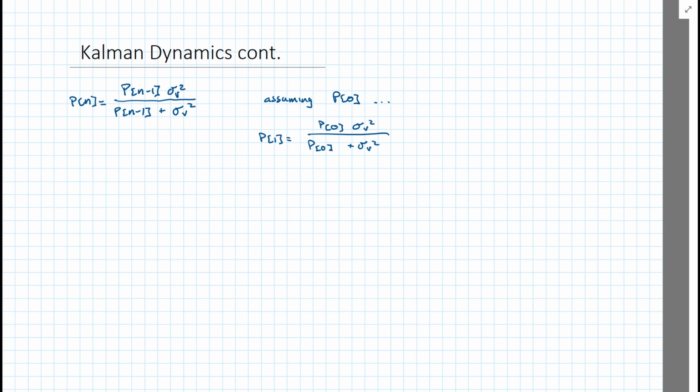In this particular case, up above, remember I said let's just assume that P0 is equal to 1. So we'll do that, and this gets us sigma v squared over 1 plus sigma v squared.